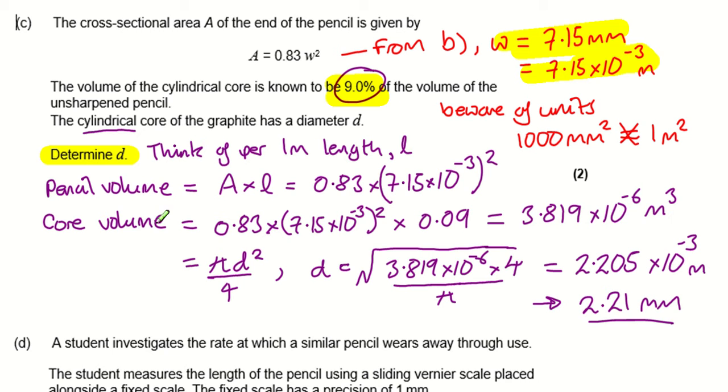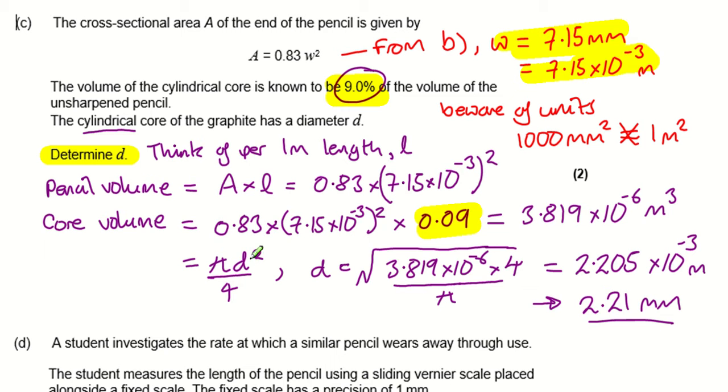Now the core volume is going to be 0.83, remember that, and then only 9% of it, 0.09. So that's where that's come from. And then I get the volume of the core. In terms of D, the volume of the core is pi d squared over 4. Sorry, I think I said over 2 here. Pi d squared over 2, because D is R over 2.